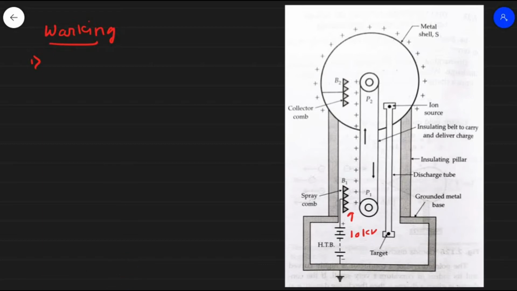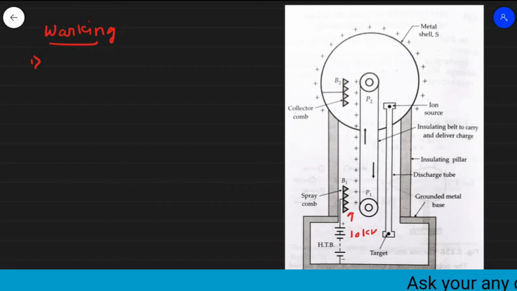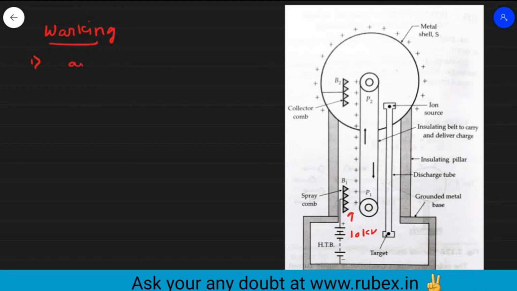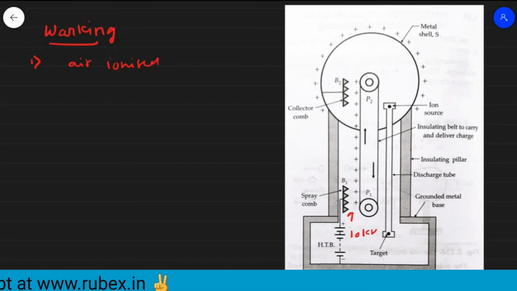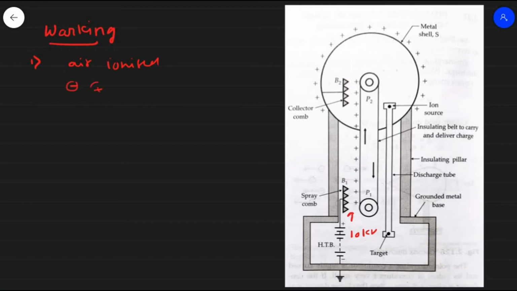So what will happen then? If the electric field at this pointed end increases beyond the dielectric strength of the air around it, the air around it will get ionized. Ionized means it will get divided into positive and negative charges, positive and negative ions.